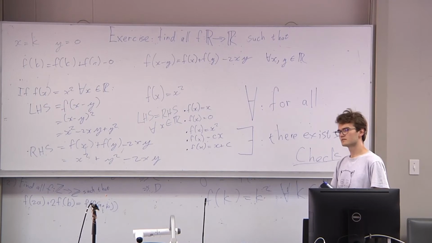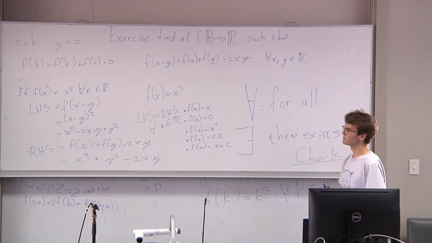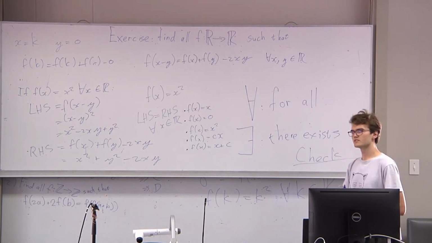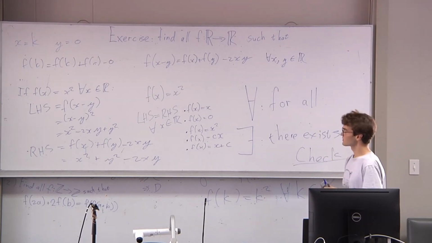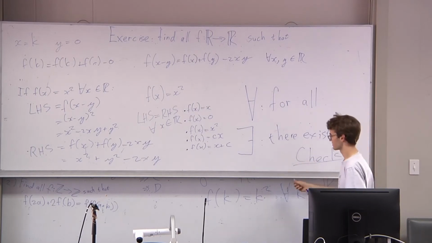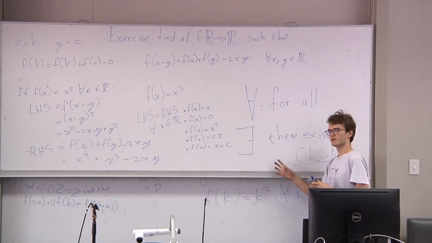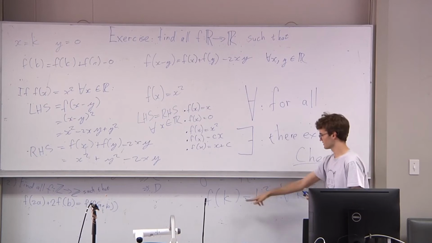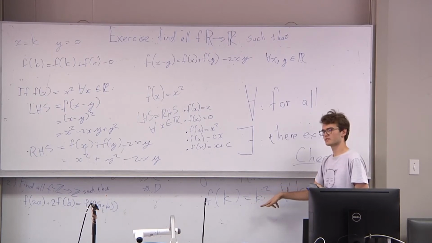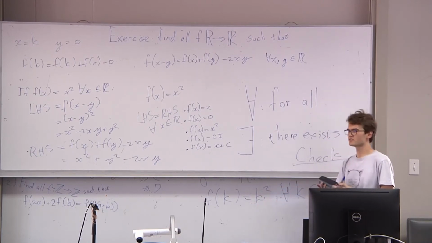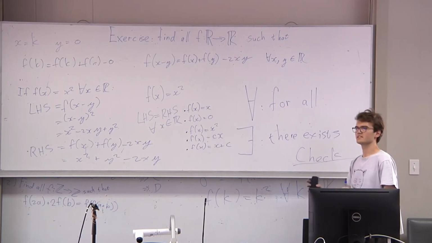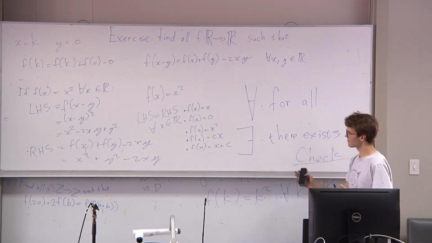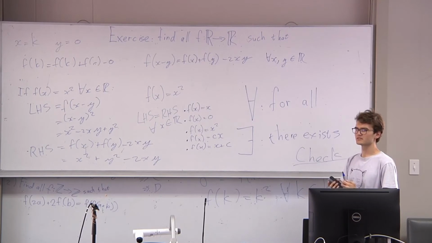Yep. So what if they're not the same? Well, you probably won't get much useful out of this equation. So that kind of shows why the check is necessary, because you applied that constraint on your inputs and showed that the only consistent output is for f of x to be x squared. So you have to show then that that constraint didn't make the thing false all of a sudden.